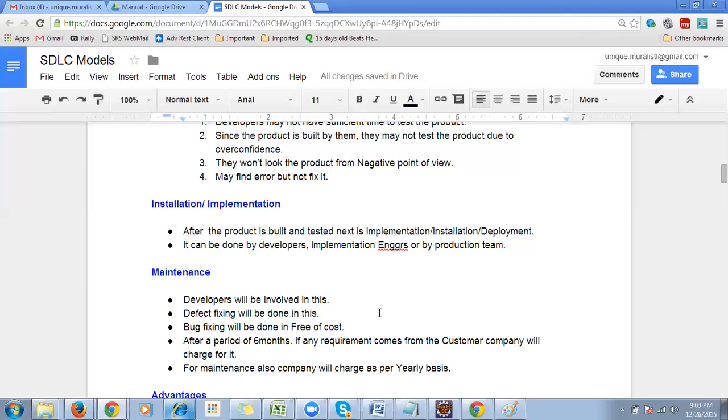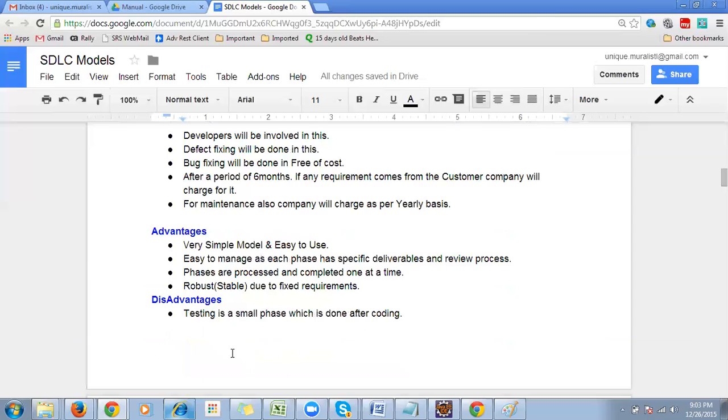So for the next year, the company will charge for maintenance on a yearly basis. That's the main thing. When problems occur at the maintenance stage, they will be resolved.